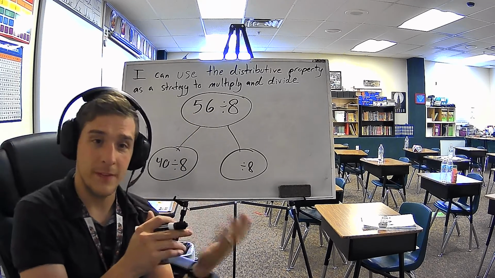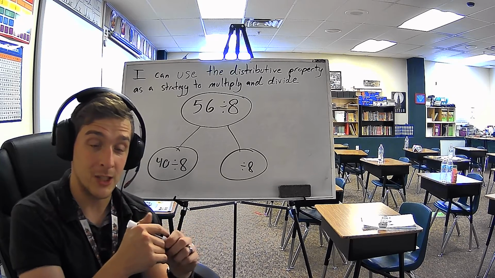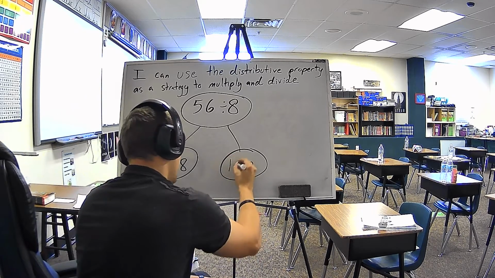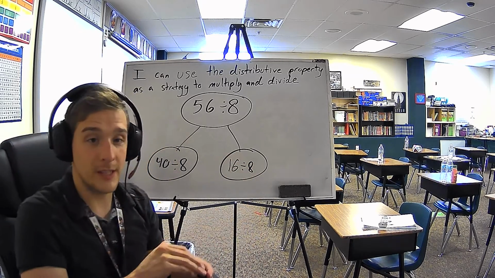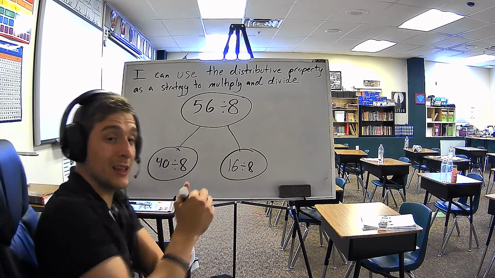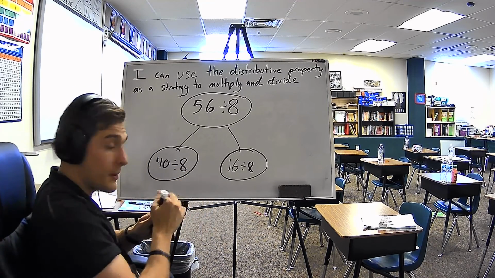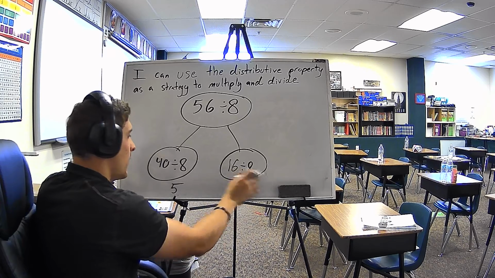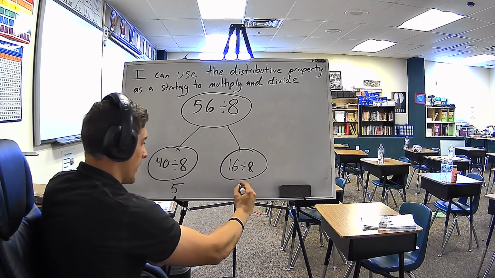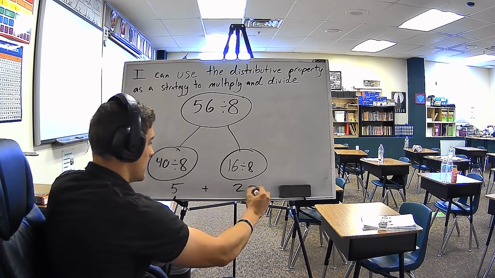And you can do your math. You can do 56 minus 40, and you can find that the answer is 16. And then you can solve this separately. 40 divided by 8, a little bit more manageable. You can double check my math on this, but that equals 5. And then 16 divided by 8 is 2. So the answer is 7.